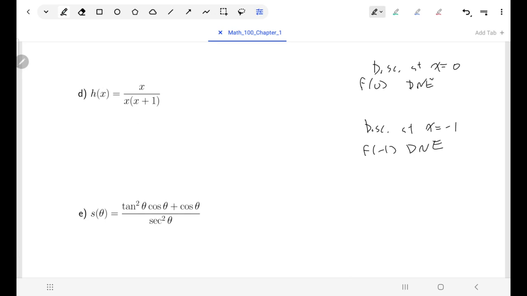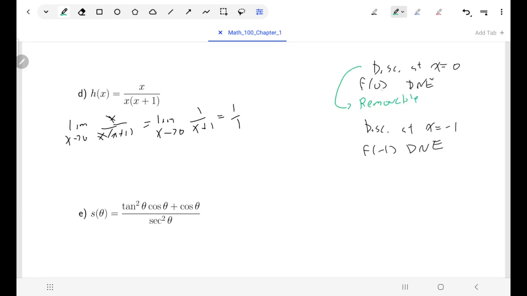The x's would cancel, which means that if I were looking at the limit as x goes to 0 of x over x times x plus 1, that limit would exist. And that limit would be 1. So since at x equals 0 the function doesn't exist, but the limit does, that means this one is removable.